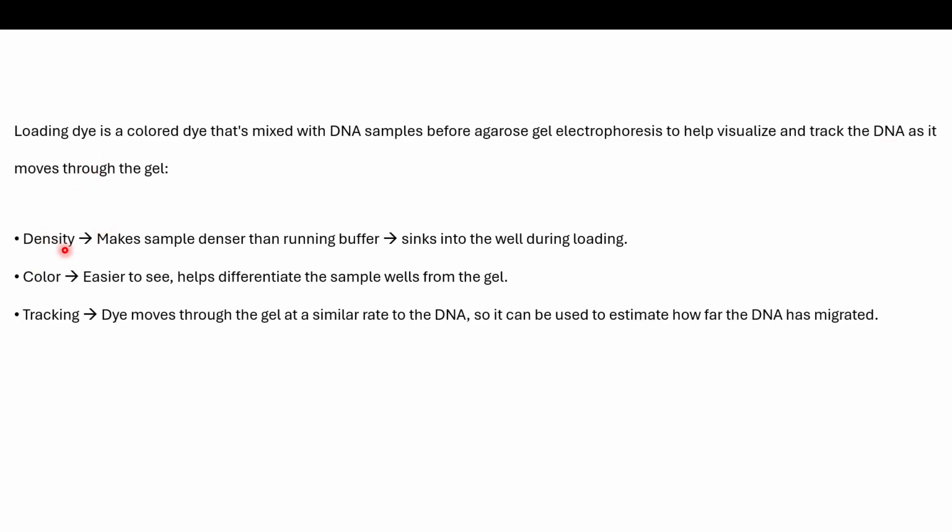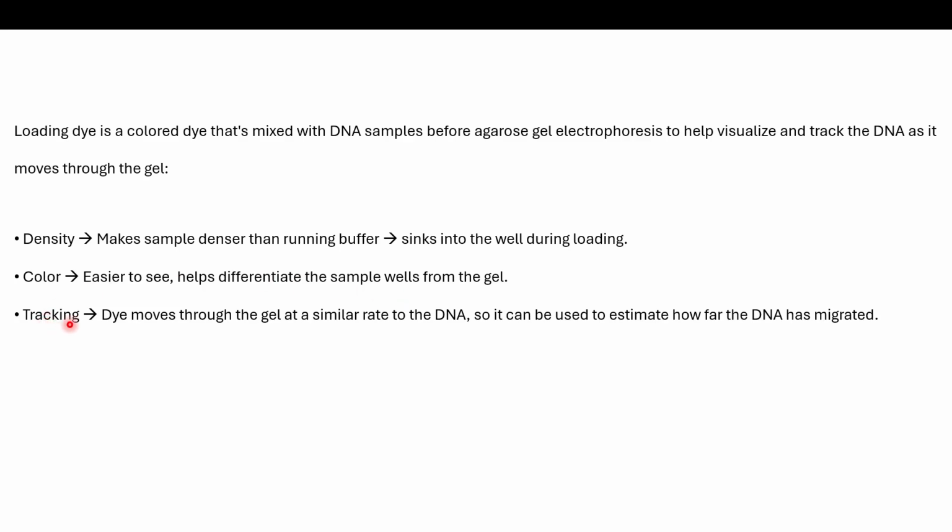The loading dye makes the sample denser than the running buffer, so that the samples can sink inside the wells during loading.